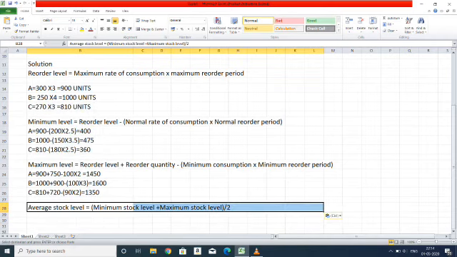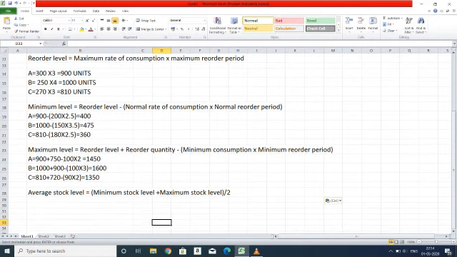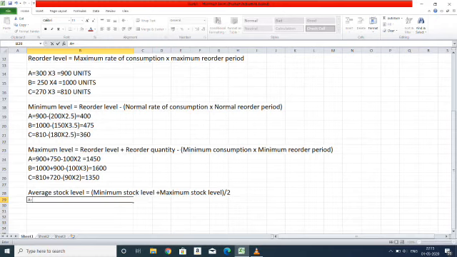In case of A, their minimum 400, maximum 1450: 400 plus 1450 all divided by 2, that is equal to 925.